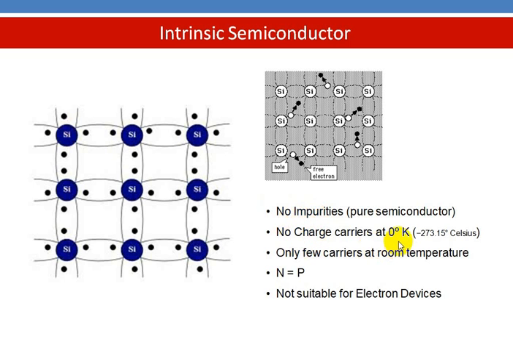There are no charge carriers at exactly 0 degrees Kelvin. At room temperature, there will be only a few charge carriers. That is, the number of holes will be equal to the number of electrons, and it is not suitable for electron devices. As it is, we cannot use this intrinsic semiconductor for creating devices.